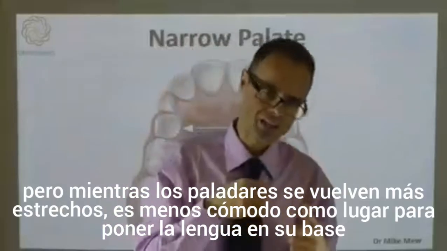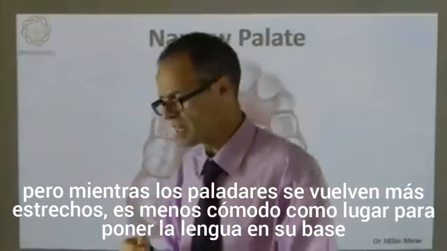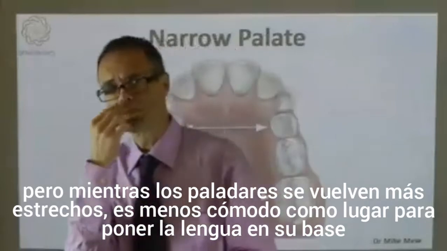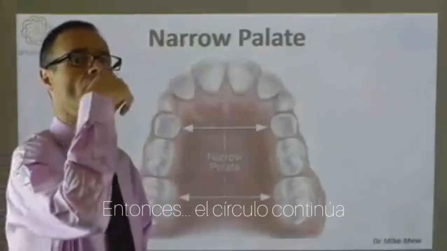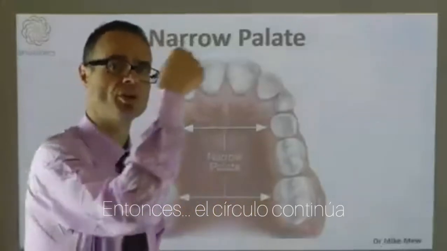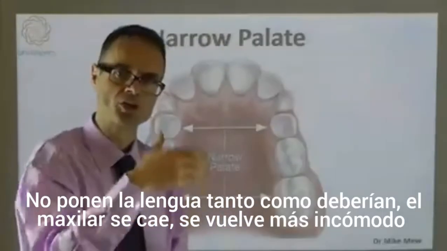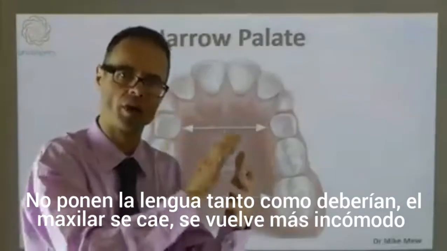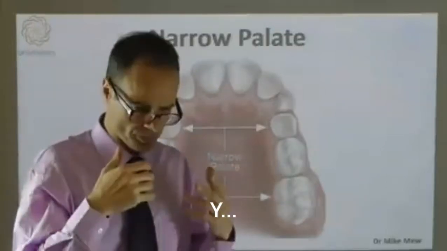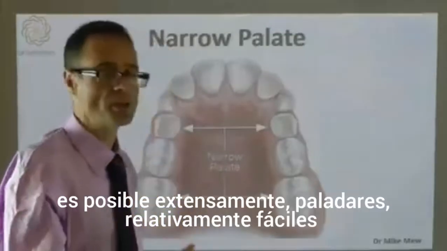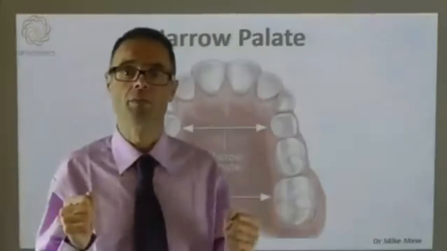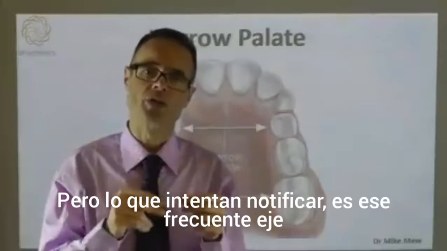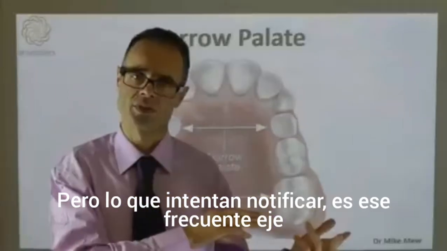But as the palate gets narrower, it's then less comfortable to place your tongue in the roof of your mouth, so the cycle continues. You don't put your tongue up as much, the maxilla drops further, it becomes more uncomfortable. And it's possible to widen palates relatively easily, but what you tend to notice is that frequently this relapses.